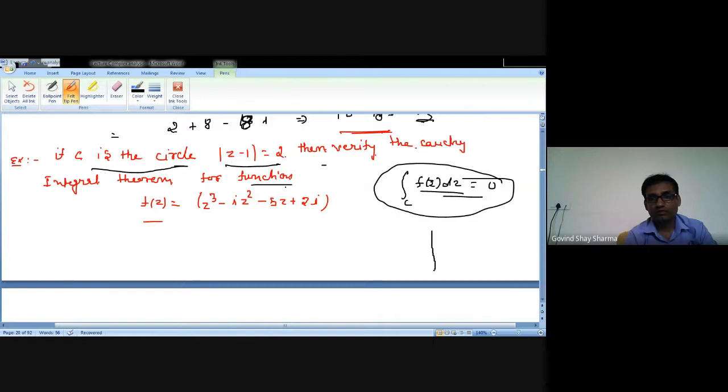This is a circle, so this is a closed path, so we can say the integration of this will be 0. First we will show how we can say this is a circle.